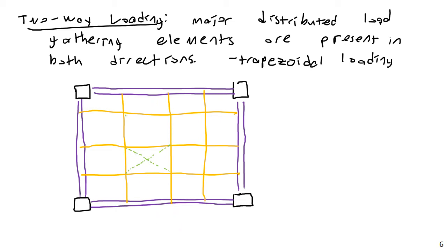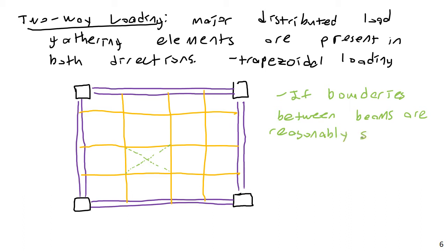The load gets divided triangularly, at least if the bay, the floor slab, the rectangle, or the boundaries between beams are reasonably square, like I would say these are. You can assume triangular loading.